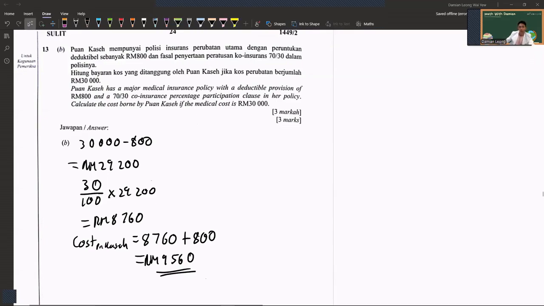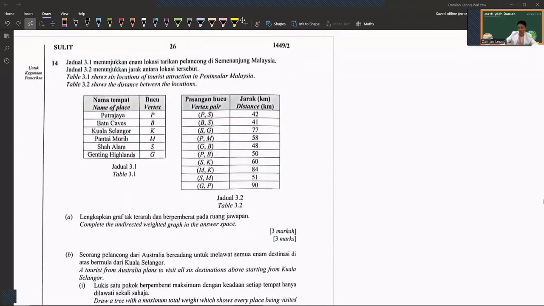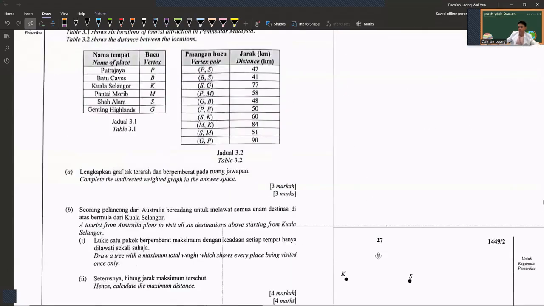Okay, that's for question 13. Then question 4. So table 3.2 shows the distance between the locations. Complete the undirected weighted graph in the answer space. So I want to complete this graph.